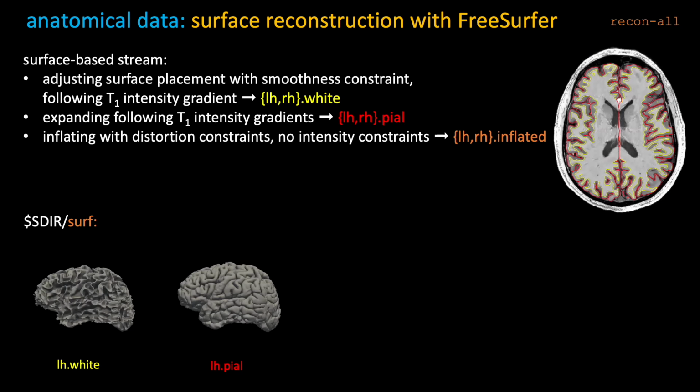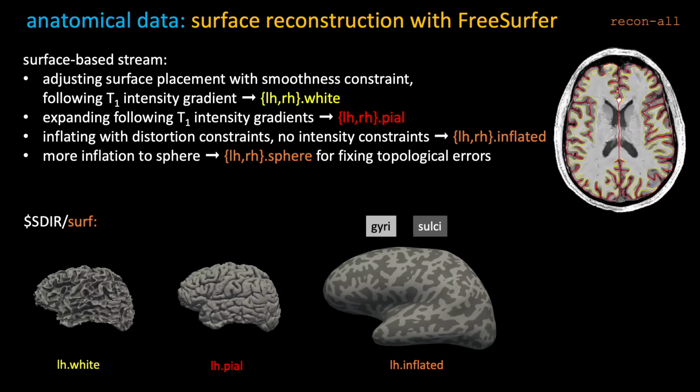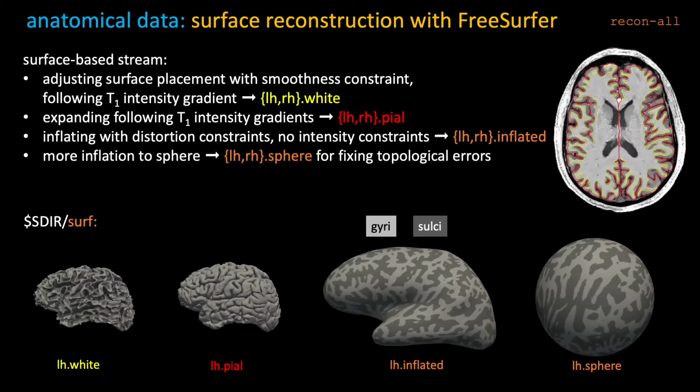And this PL surface is also inflated, this time with no intensity constraints, but with distortion constraints, to create this inflated surface, which is a really useful construct for visualization of the results, and we'll see it a lot in the next few slides. And finally, this surface can also be inflated further to a sphere.